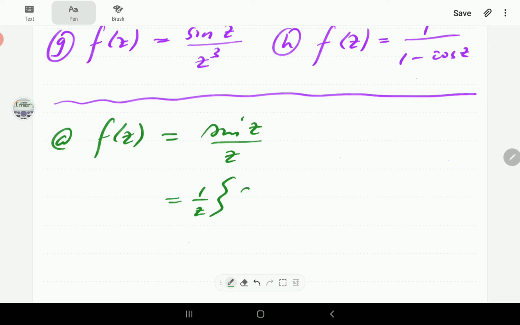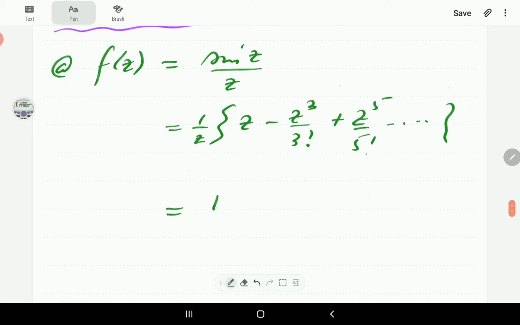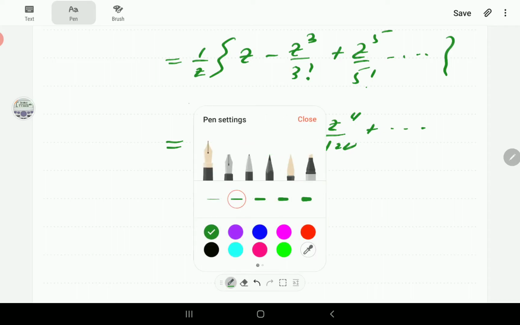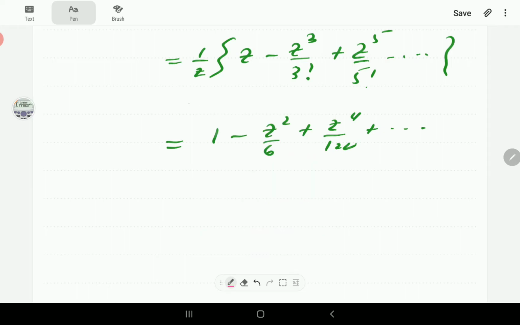This is going to be z minus z cubed over 3 factorial plus z to the power 5 over 5 factorial, etc. Then if we remove the brackets, it's going to be 1 minus z squared over 6 plus z to the power 4 over 120, etc. At which point we notice that this has no negative powers, so this implies that z equals 0 is a removable singularity.